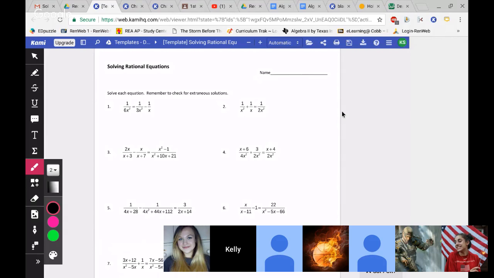But x squared plus 10x plus 21 is not. So when I factor that, it looks like x plus 7 times x plus 3. So I will then multiply both sides of the equation by that.